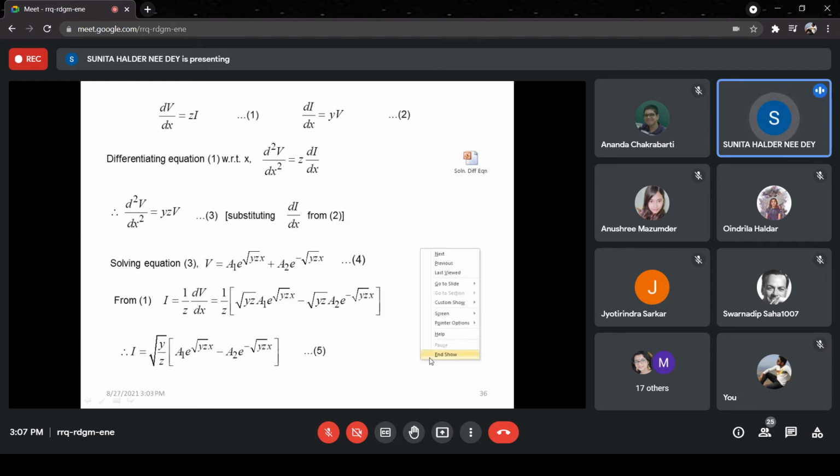You can see there are two parameters here, one is YZ, one is Z by Y. Actually we have got root over YZ, but instead of that we shall take root over Z by Y, that means 1 upon this parameter, right? Are you understanding?